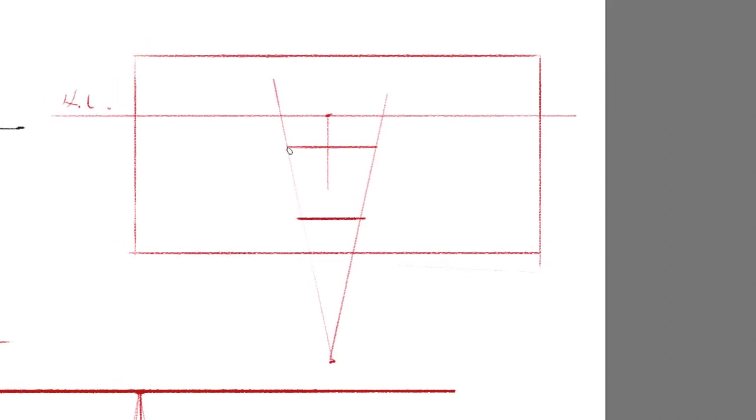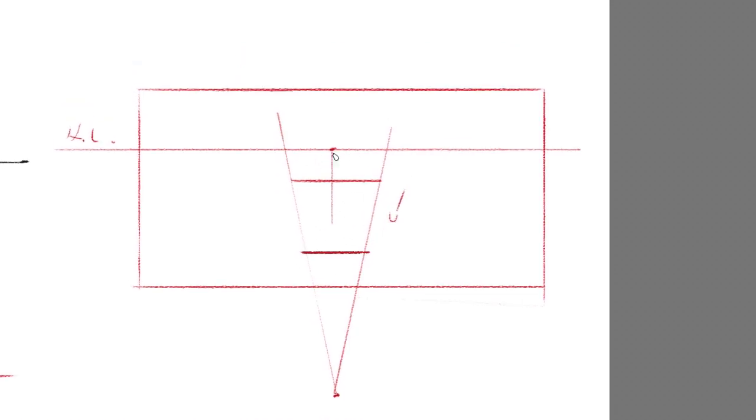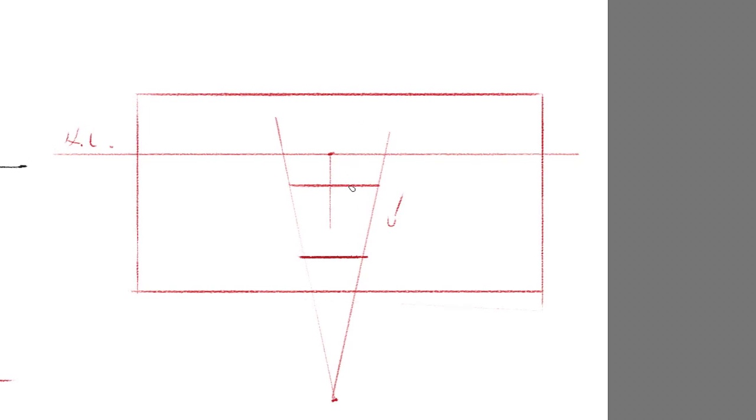Okay, now I've got my rectangle, and you can see this dramatic effect that this has. And this is the characteristic of a 3-point perspective, but in this case we have a 1-point perspective with a tilted camera. Okay, so there's a difference. Now I'm just going to connect these points like a normal 1-point perspective, find my depth there at the back, and now these lines need to converge to this point again.